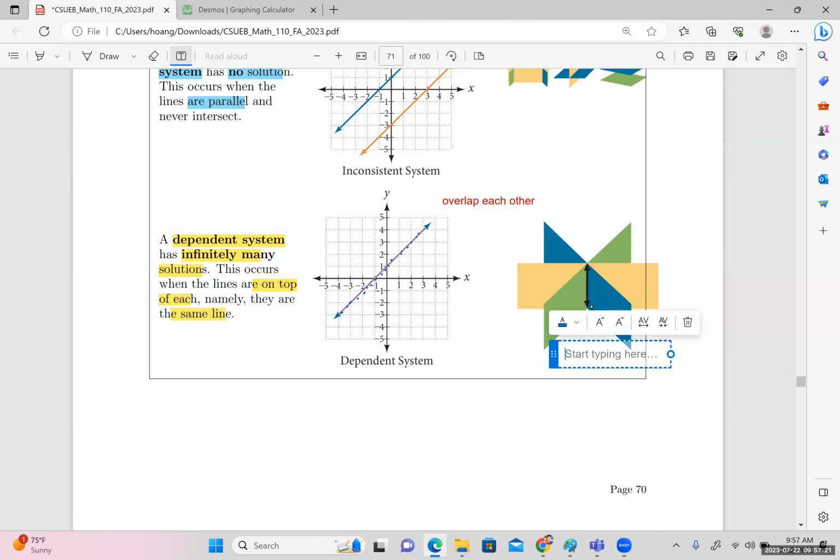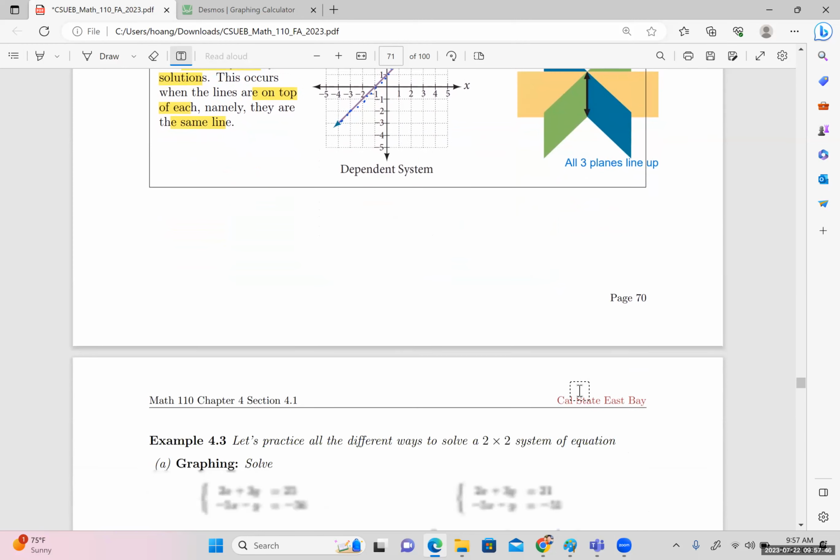So I would say all three planes line up in this case. We mostly focus on 2D, but sometime later we're going to talk about 3D. Okay, so let's come down and do an example in 2D.